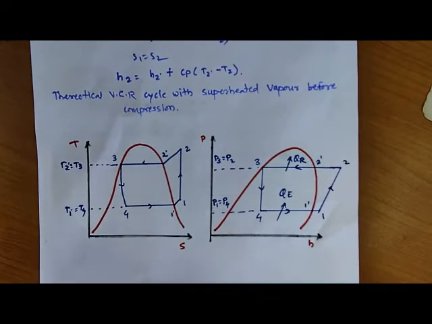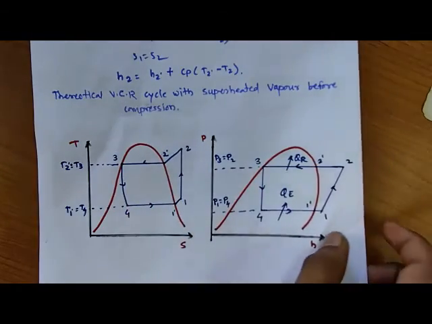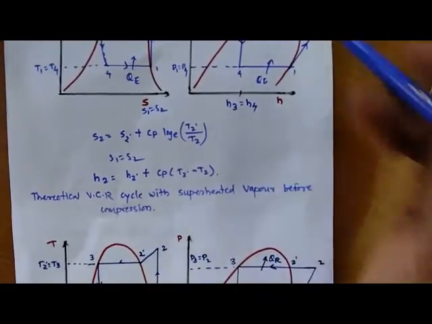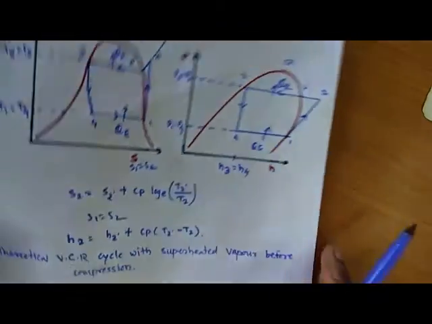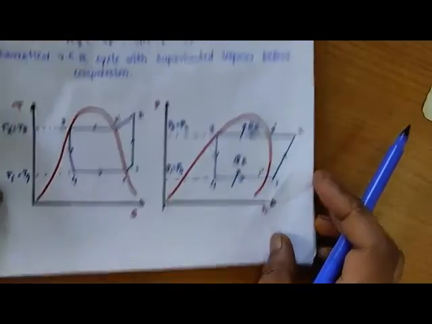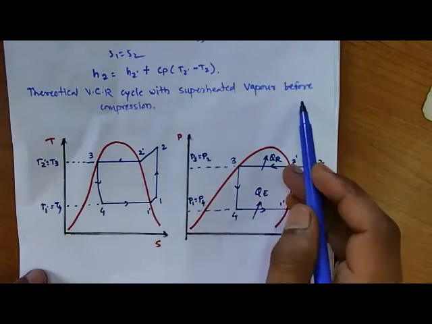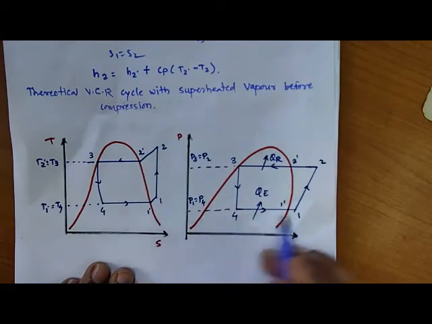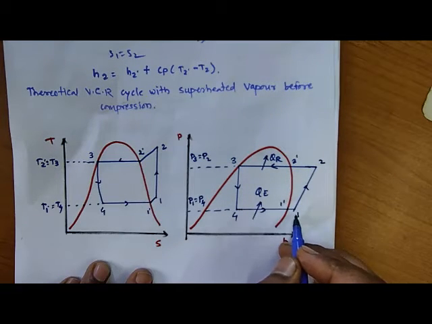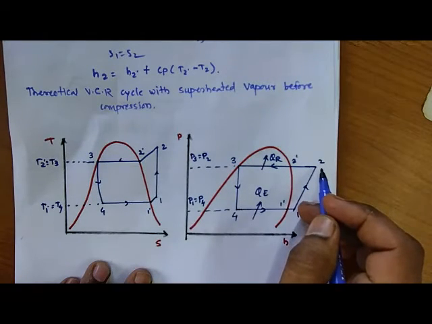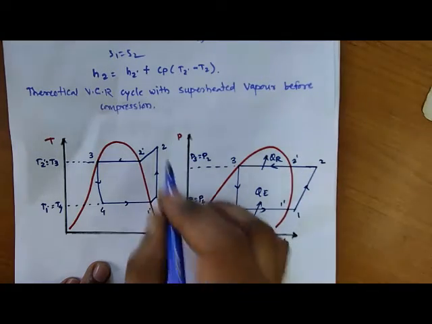Just like the previous cycle, where after compression we get superheated vapor, here the fourth type, the theoretical VCR cycle with superheated vapor before compression, means point number 1 is also in the superheated region. If point number 1 is in the superheated region, obviously point number 2 after compression is also in the superheated region.